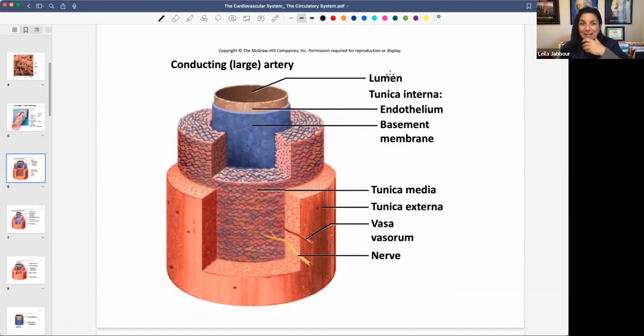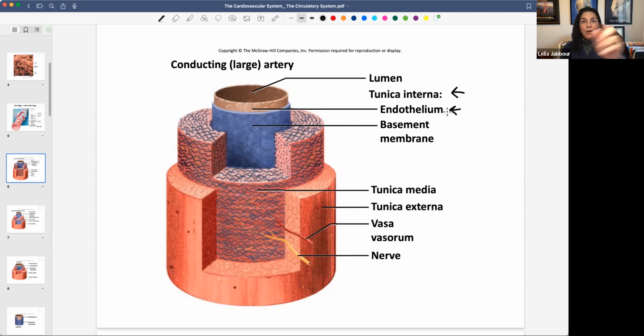So here we go. If we're looking at a large artery, a conducting artery, we call them the large ones moving blood through the body. Of course, the lumen is that opening. That's what lumen means. And what's the first layer? Tunica interna. And what does it have? It has the epithelium.